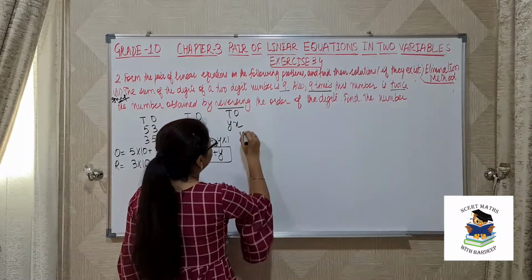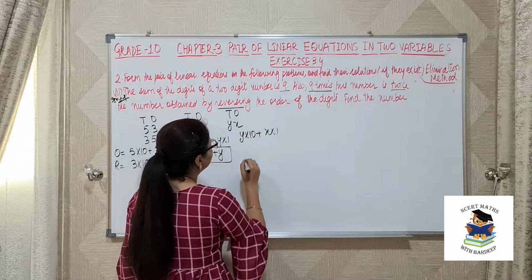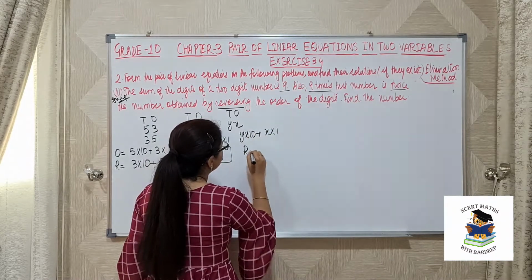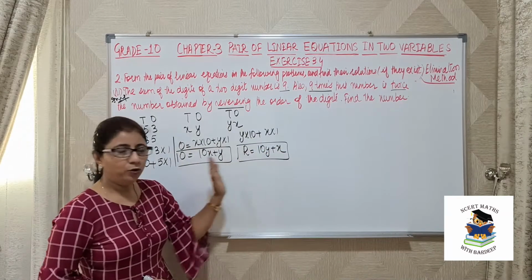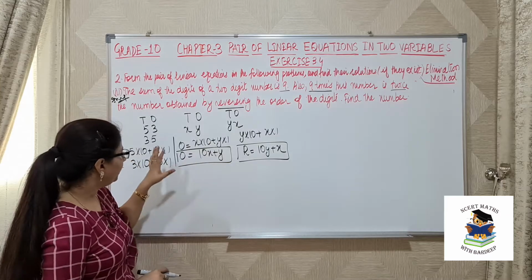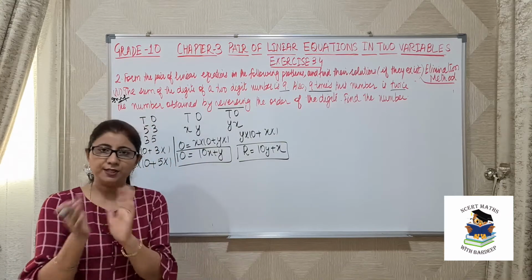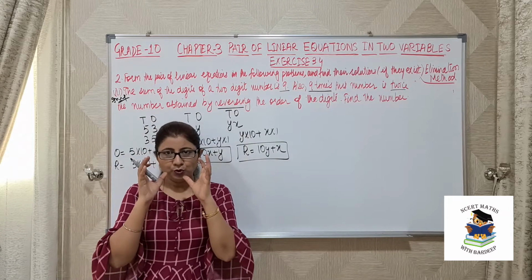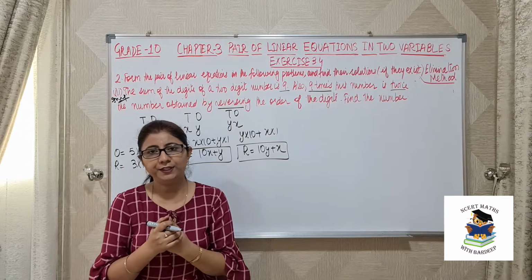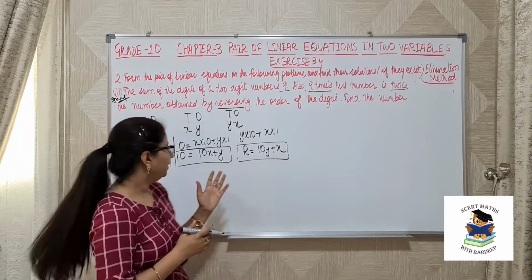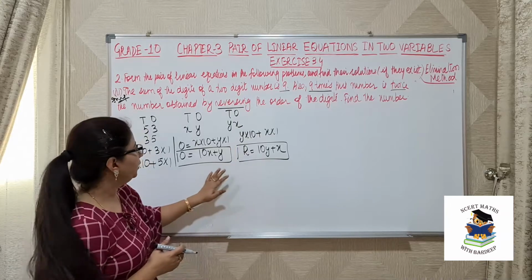Now y should be multiplied with 10 and x should be multiplied with 1. So the reversed number is 10y plus x. Now I hope you can understand the difference between your original number and reversed number. This is basically to interchange the digits, and then to obtain that number we should multiply the respective digits with their place value. So now this is going to help us a lot in framing the equations.